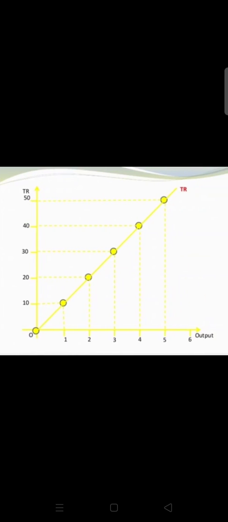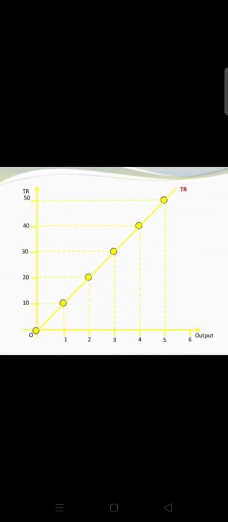Okay, this is how the total revenue is, and if you see the graph of total revenue, it will look somewhat like this. That is, TR is increasing when the price remains constant. You can see here price is constant only, but total revenue, that is TR, is increasing. With every 1 unit increase, total revenue also increases.